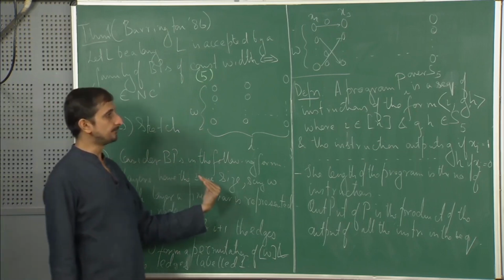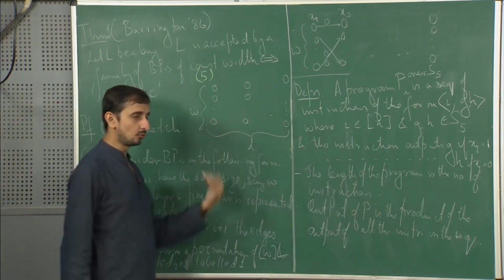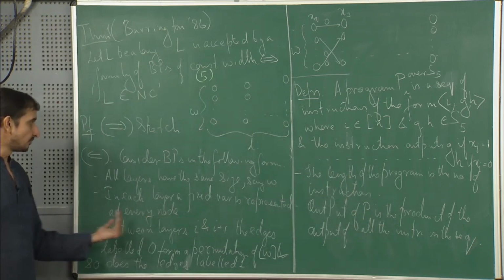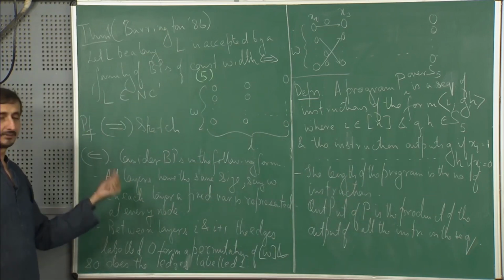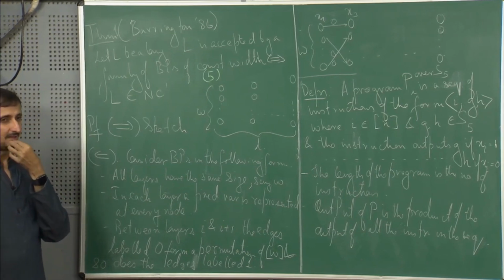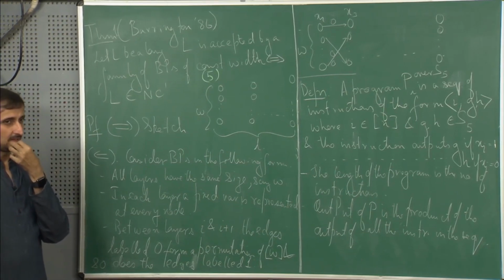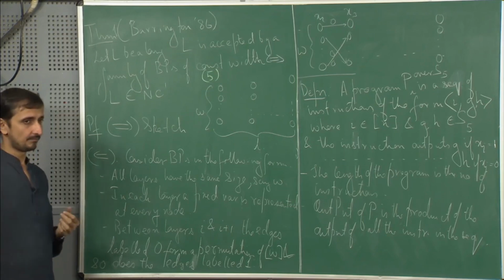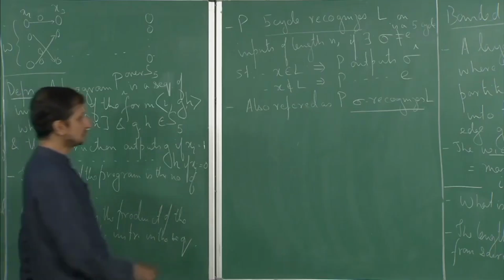Suppose I have a program P which recognizes a language, how do I get a bounded width 5 branching program that recognizes that same language? Basically give the edges going from there, right? So like G gives the one edges and H gives. Exactly.